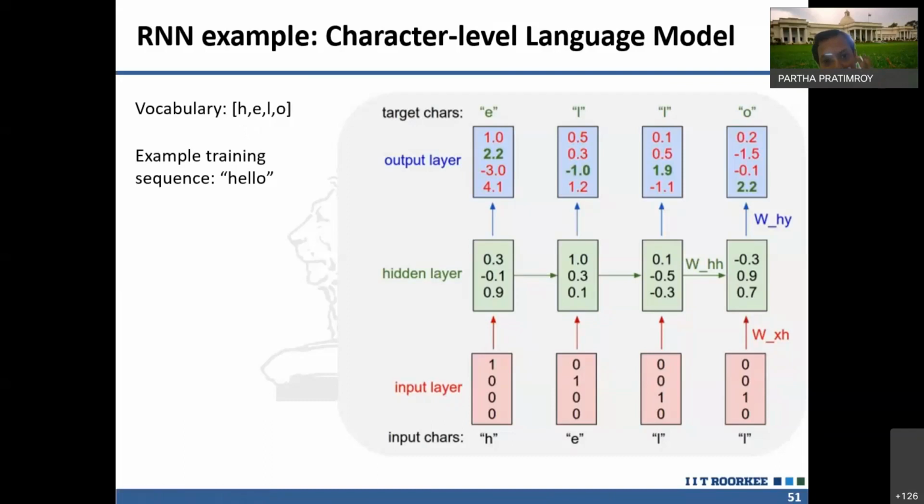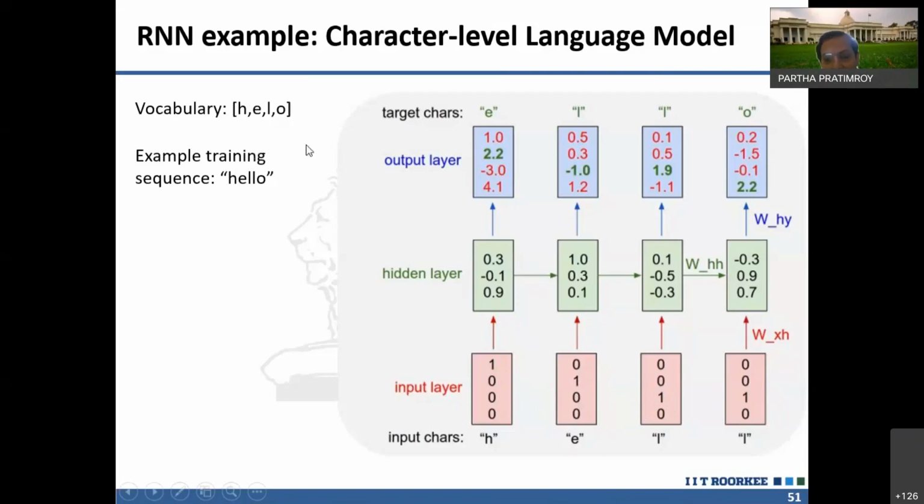If you consider x1, x2, x3, x4, one of these will be present, others will not. This is called one hot encoding. If you are seeing H, then the first position will be 1, others zeros. E is in the second, so x1 is 0 and x2 will be 1, others 0. So you have basically 4 features, x1, x2, x3, x4, of which one will be 1 and the remaining will be 0.